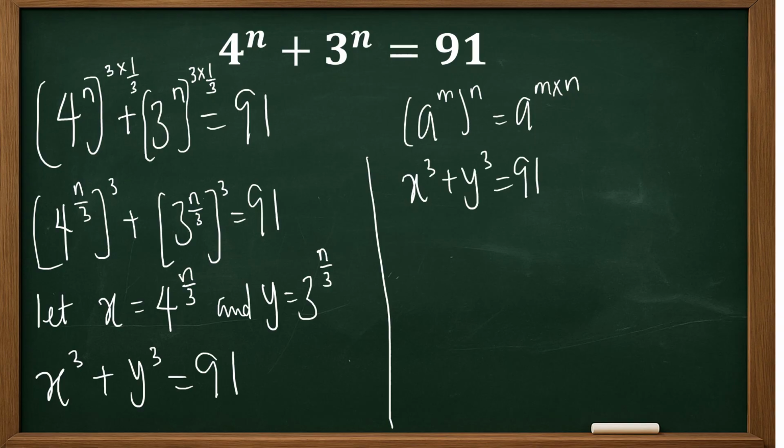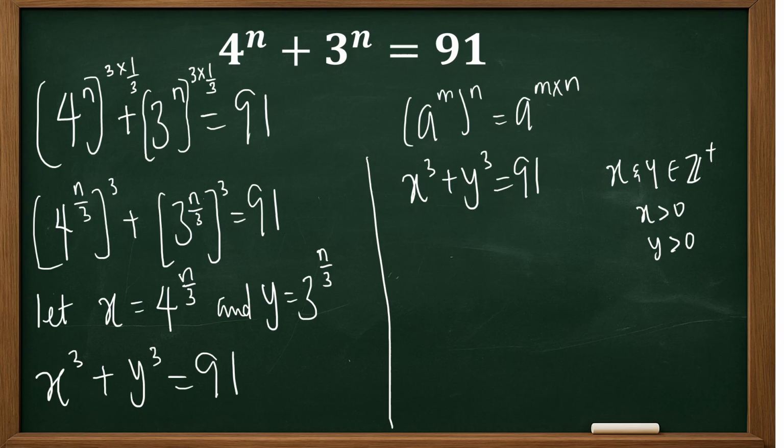Now I'm going to give some conditions here. In this case, both x and y are positive integers, because we have 91 here and we are having the power of 3, so each of x and y should be positive integers. That means x is greater than 0, y is also greater than 0.